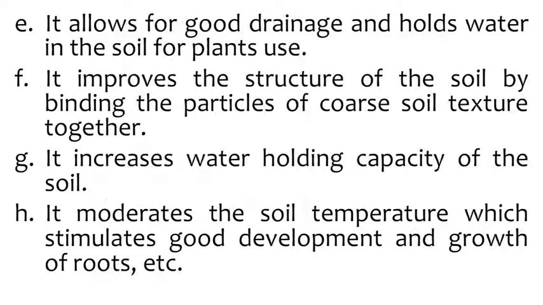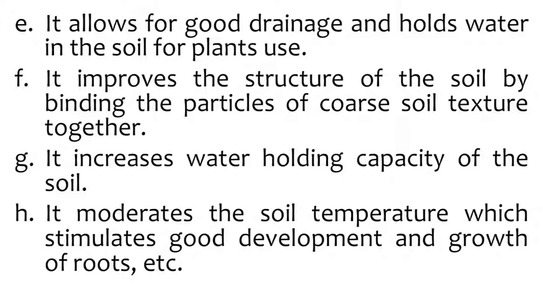E, it allows for good drainage and holds water in the soil for plant use. F, it improves the structure of the soil by binding the particles of coarse soil texture together.